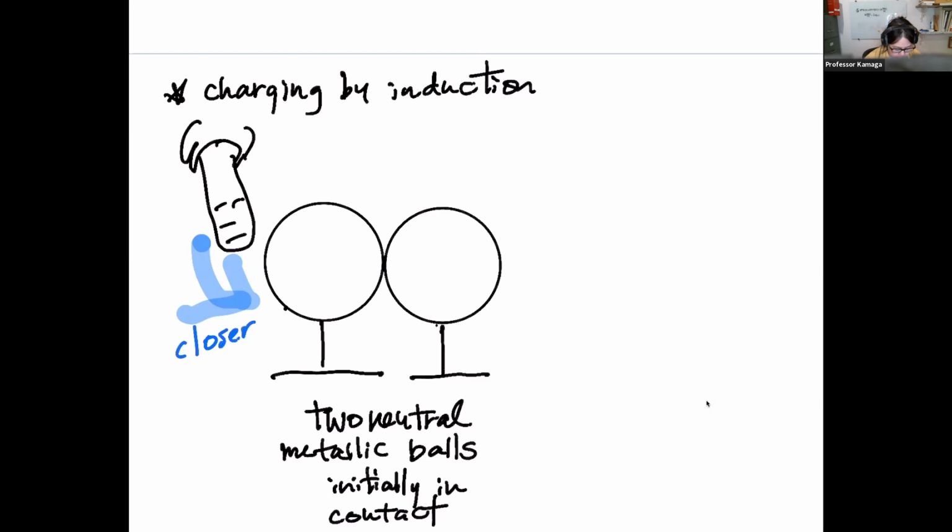If I bring this rod closer to the metallic ball, then you see that initially it's neutral, but positive will be attracted to the minus. At the same time, negative will be repelled to the other side. I don't need to touch it, no touch, just close by.